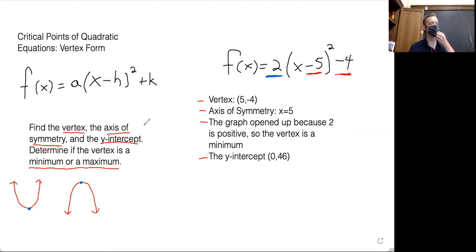Those are the same 4 things that we were looking at yesterday, the same 4 things that we were trying to find when we saw these problems previously. Every type of problem in this unit is basically going to be asking for these same 4 things, but the way these problems start, the different forms that we're looking at, that's going to be where things get different on these problems.